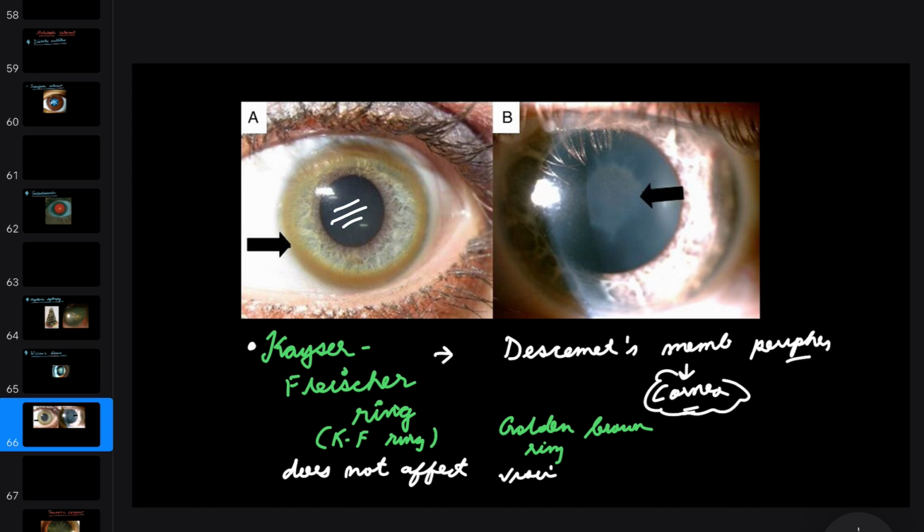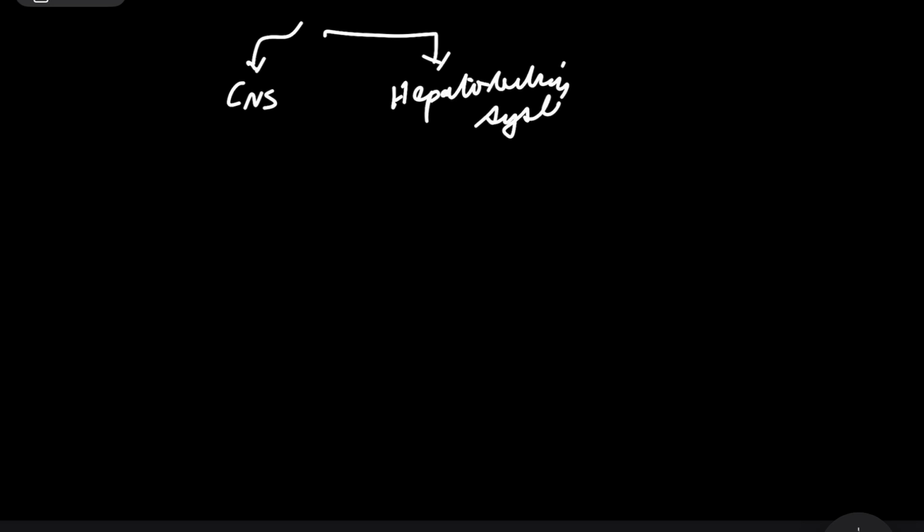Wilson's disease is also systemic because copper accumulates in different parts of your body, including, very importantly, the CNS and the hepatobiliary system. Copper is depositing in these organ systems as well. So this will lead to what? Neurological problems, and hepatobiliary involvement means there will be hepatic symptoms.